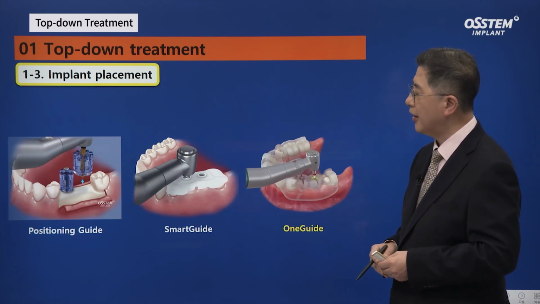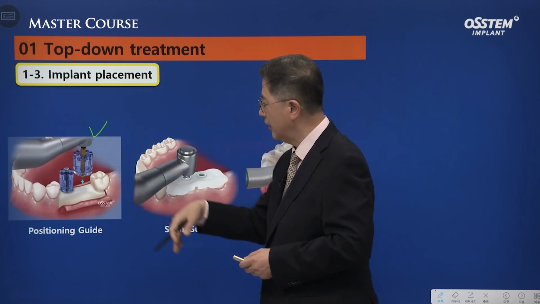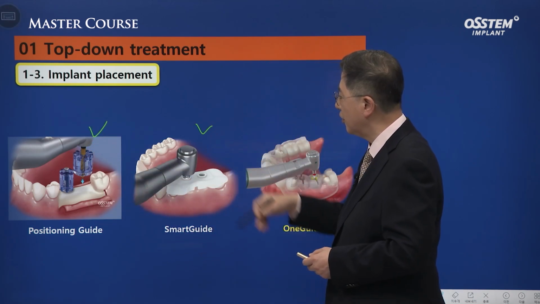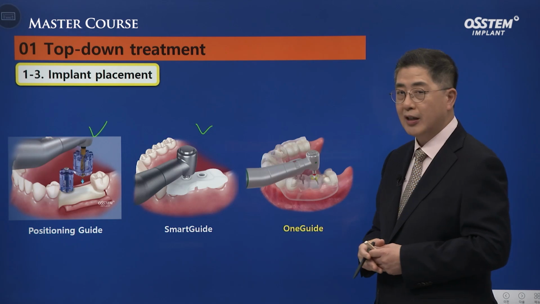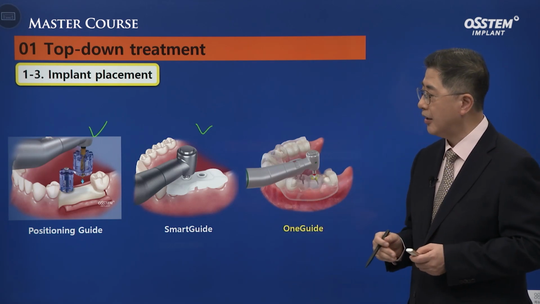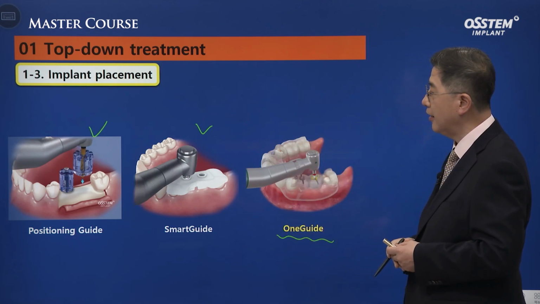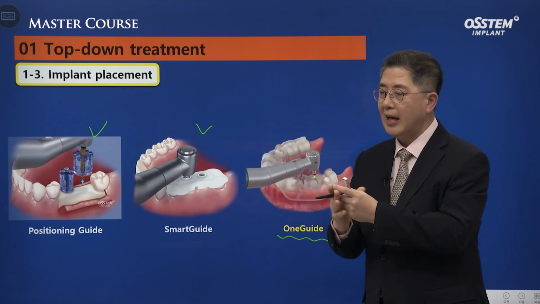The analog method includes positioning guide and smart guide. As of late, with the dawn of digital dentistry, digital guided surgery system has become more widely used. The use of one guide can lead to ideal implant placement.